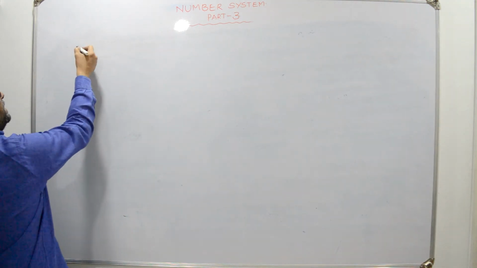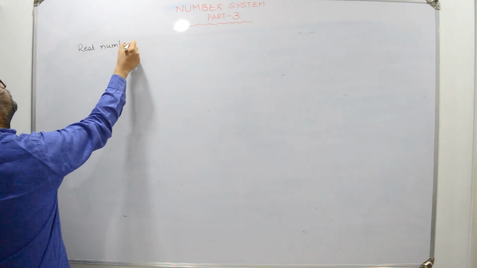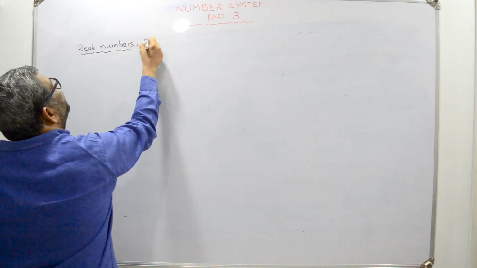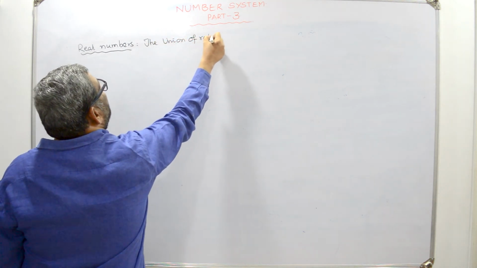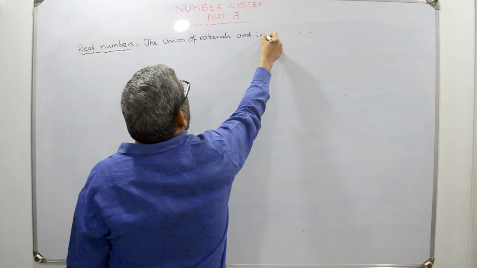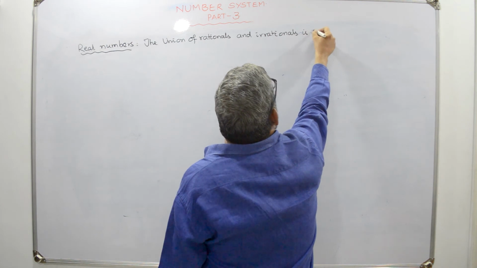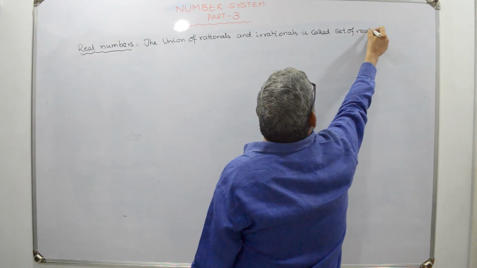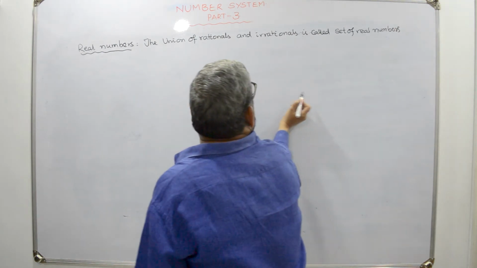Now, the next definition is real numbers. The union of rationals and irrationals is called the set of real numbers.